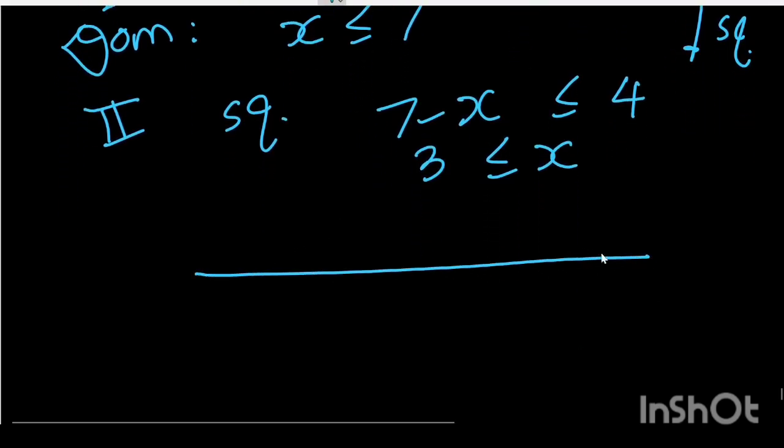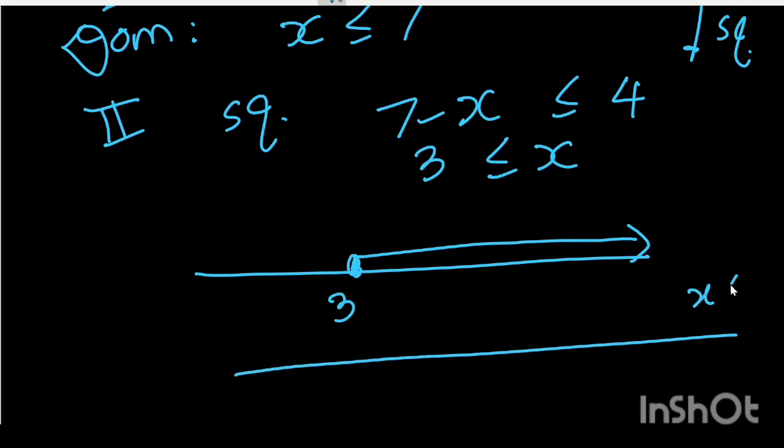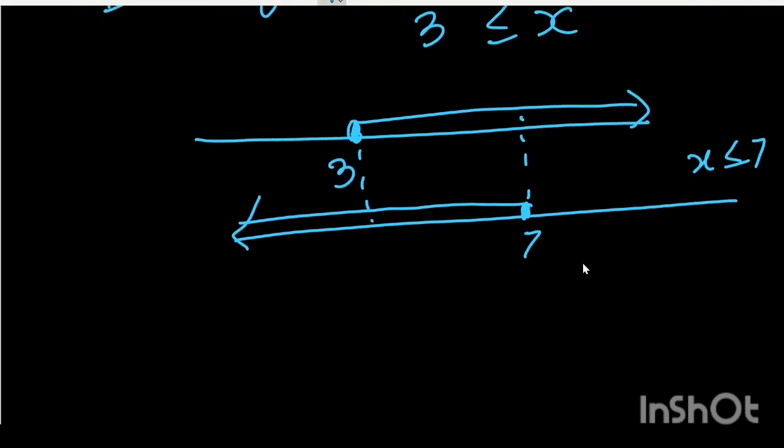Now if you take the intersection, this is not the final solution. x greater than or equal to 3 I plotted like this, and x less than or equal to 7 I plotted like this. The common solution, as you can see, is 3 to 7, which is not x less than or equal to 3.